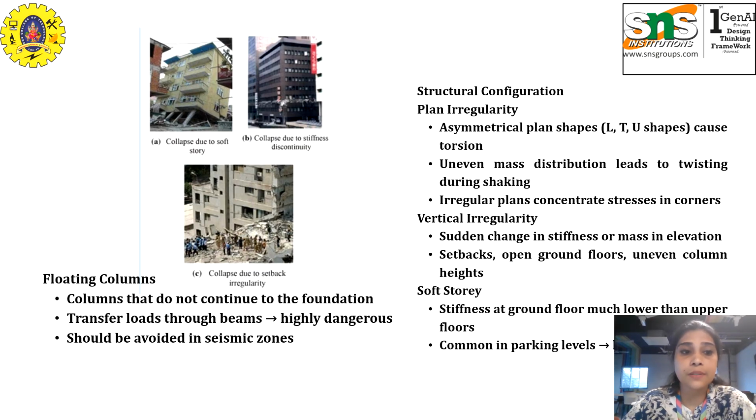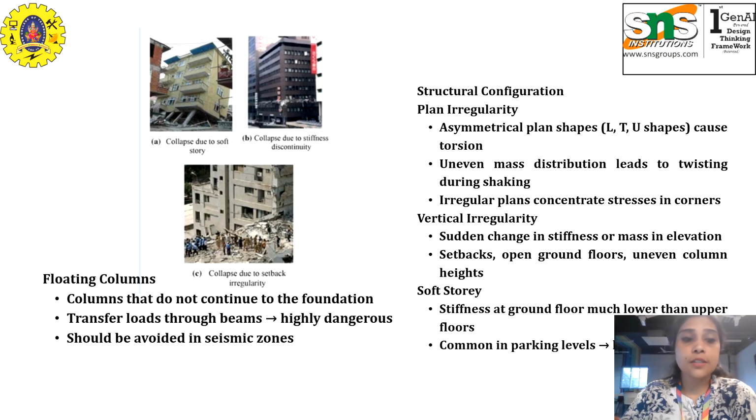The response of the structure mainly depends on the mass of the structure, stiffness, damping, and also the period of vibration. A mismatch between the building's natural period and the ground motion frequency can lead to resonance, which is extremely dangerous. If the earthquake lasts for a long time, this resonance may occur in the buildings.